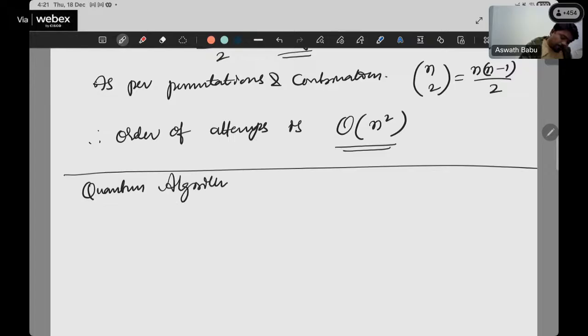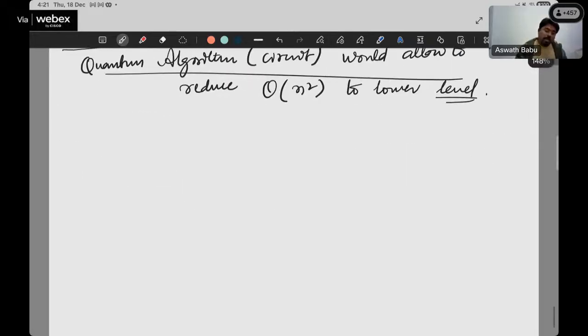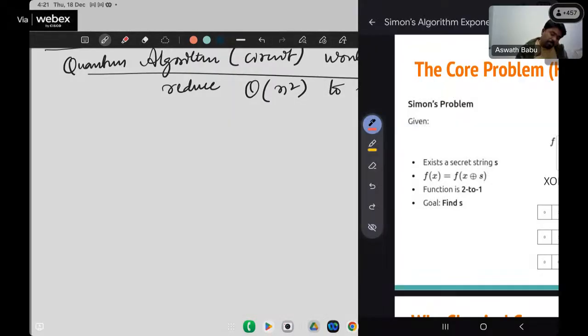I would say a quantum circuit would allow us to reduce the order n square to a lower level. Definitely, it's very, very important. How? We will be using a circuit similar to the Deutsch algorithm. Where would the circuit look like, do I have a circuit in my PPT?